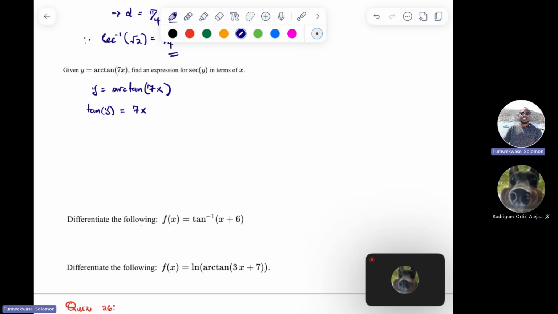And this is where you can use the help of the triangle method. So we have a right angle triangle with angle y, and this is a tangent.